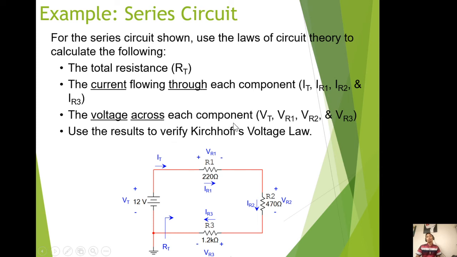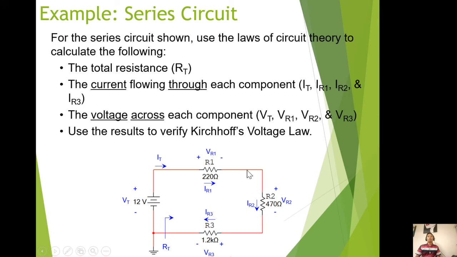Then use the results to verify Kirchhoff's voltage law.